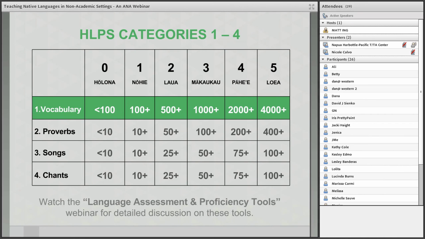I think this is good because some people don't have a very good vocabulary, but they're very, very good with songs or chants. So it gives you a very honest assessment of what you need to improve to reach the next point. The vocabulary is 4,000 words, proverbs 400, songs 100, chants 100 plus, and all of these kinds of things.